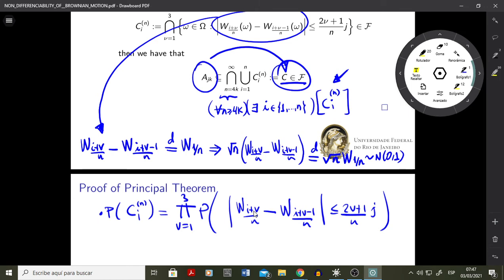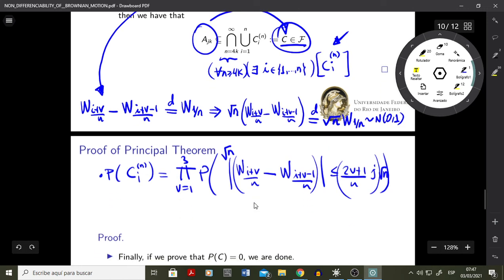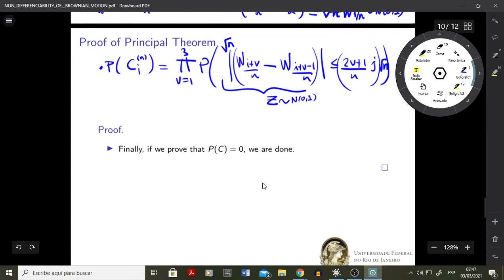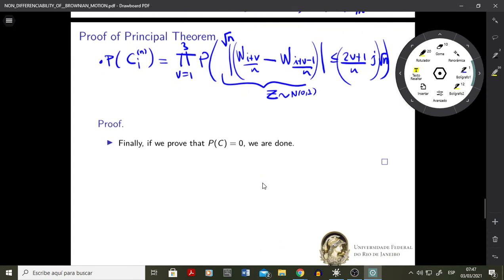But I'm going to multiply all of this by square root of n, and here square root of n, and here is a standard normal random variable. So there is a very known bound for this probability.